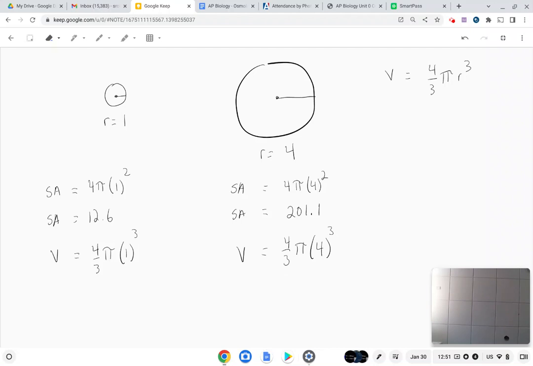Crunching the numbers here. 4 times 4 times 4 is 64. 64 times pi. And then times 4 divided by 3. Okay, I got... By the way, you guys should probably practice.